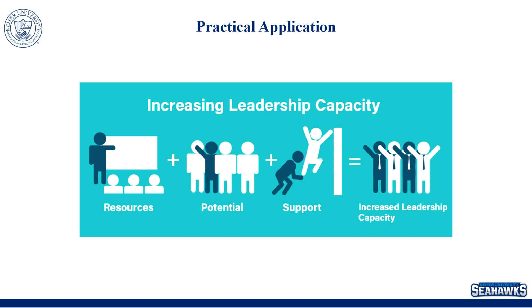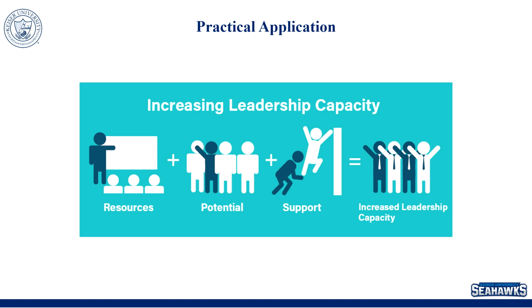Then if, for instance, you have a large effect for resources, but maybe potential is not even significant, because anyone can be a leader, so it's not necessarily they have to exhibit certain management characteristics, for instance.